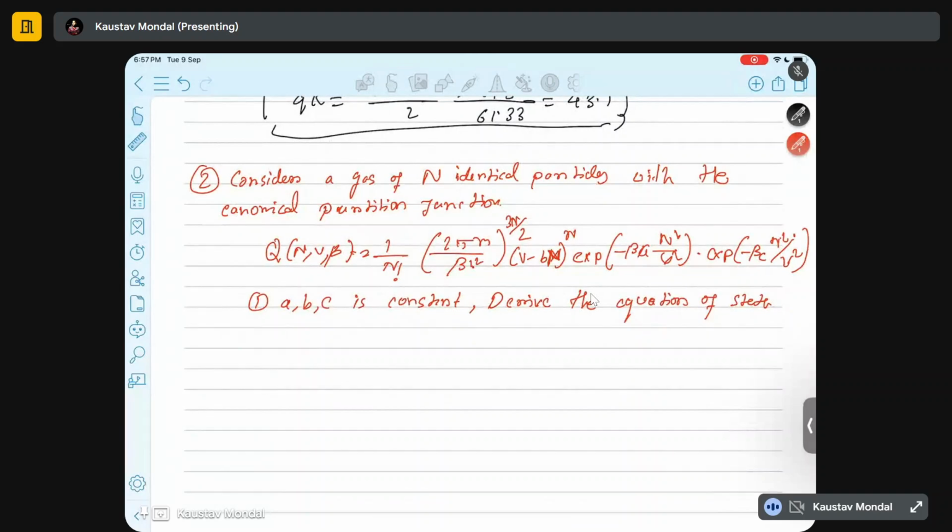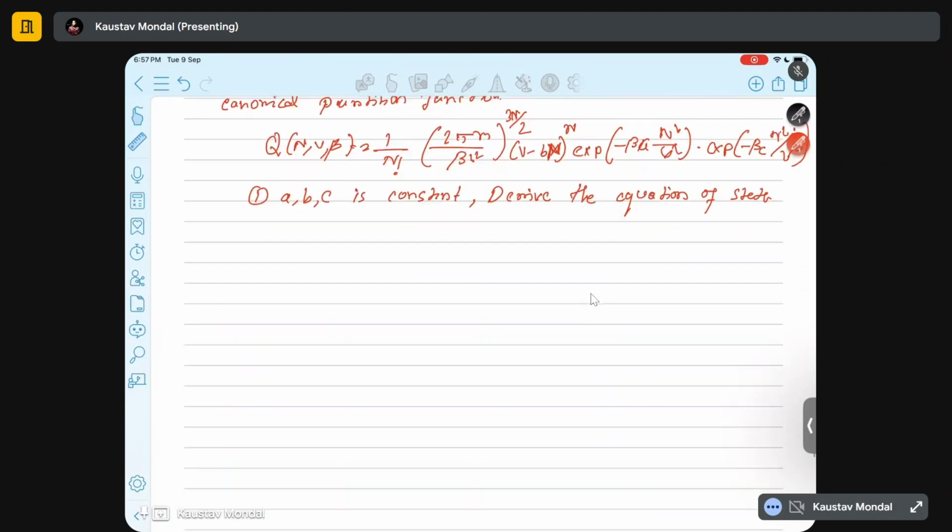In order to eliminate that and make the equations simpler, we take a log. So ln Q equals some constant, let's suppose it's k, plus N into ln(V minus Nb).